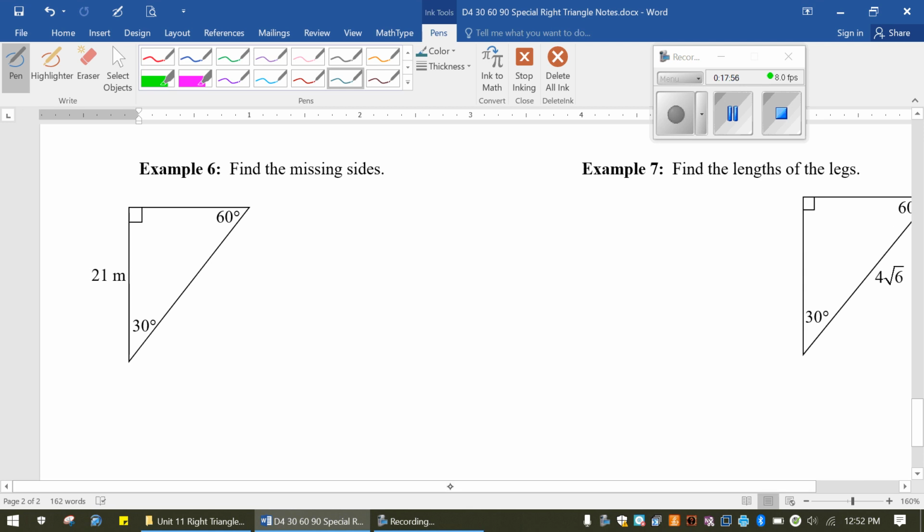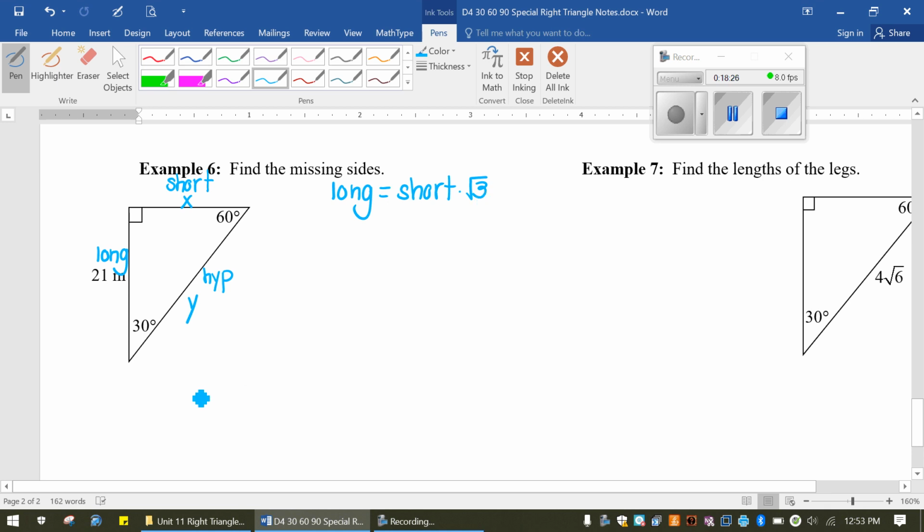So in example number 6, you can see again we've got the long leg that is a whole number. So I need to find the short leg, which I'm going to label as x, and then the hypotenuse, which I'll label as y. Once again, because we have the long leg, we have to start there and find the short leg.